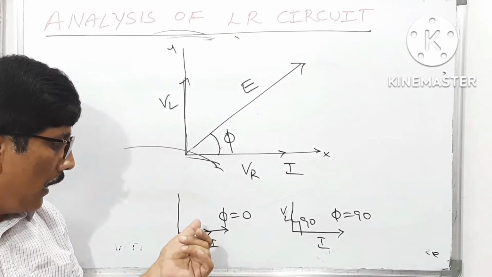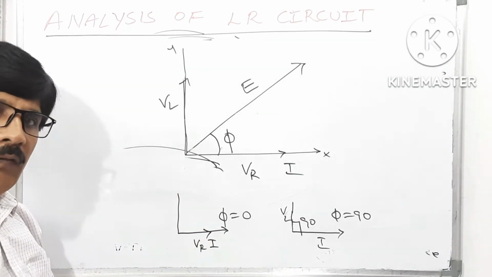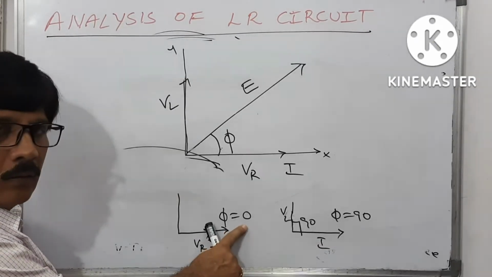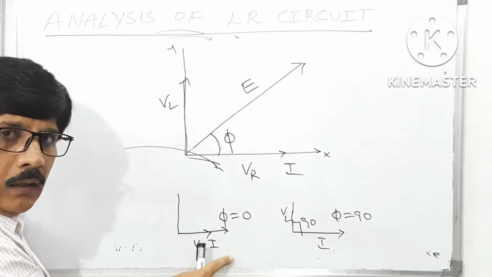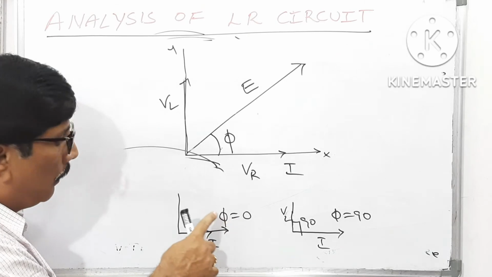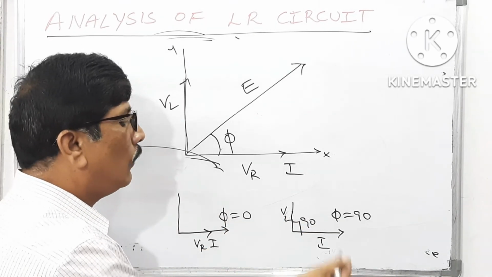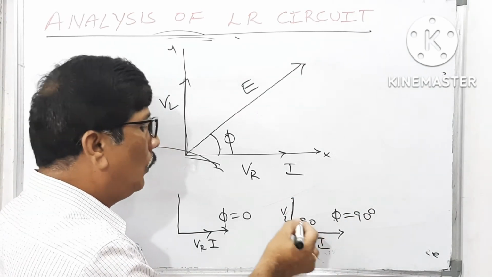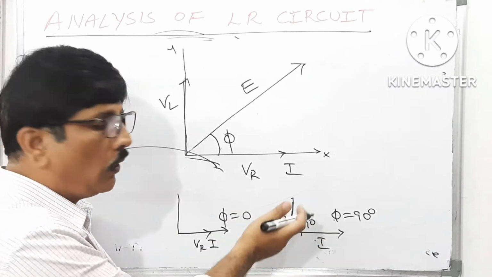Phase angle means that at any particular instant of time, the net voltage and current are inclined, making a certain angle with each other. In a pure resistor the phase angle is 0, but in a pure inductor it is 90 degrees. That means in a pure inductor circuit, voltage and current are 90 degrees out of phase.